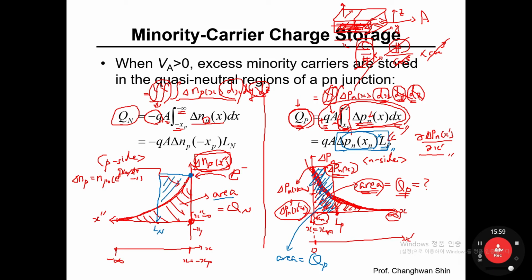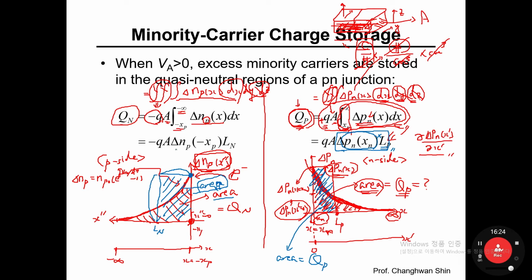Okay, so this blue colored area should be identical to the red colored area. This estimation for area makes our life much easier because this blue colored area can be simply obtained by multiplying the side length and height.